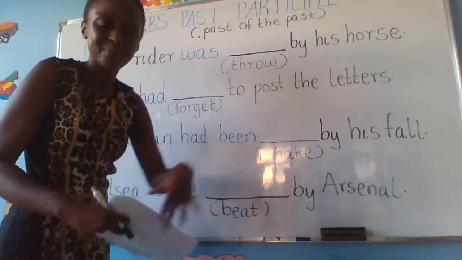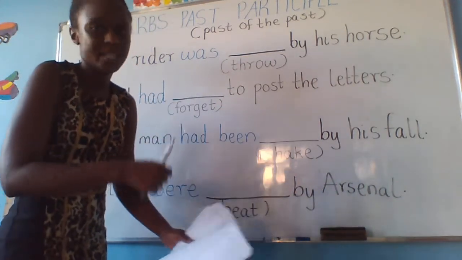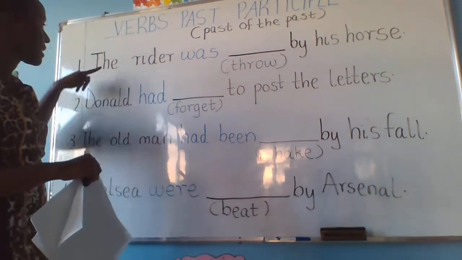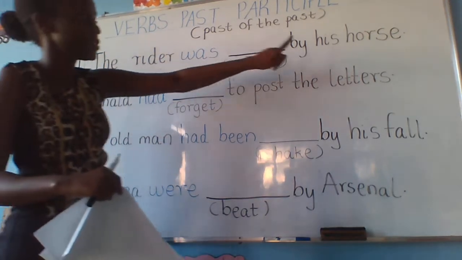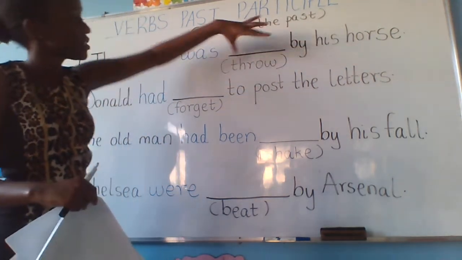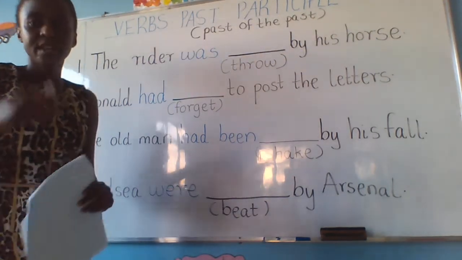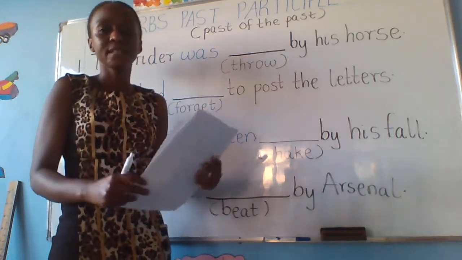There are even more, but for today I've just shown you 6 helping verbs and we are going to use them. Now, let's read the first sentence. The rider was dash by his horse. Change the verb throw into past participle. Let's remember the form of changing the verbs.